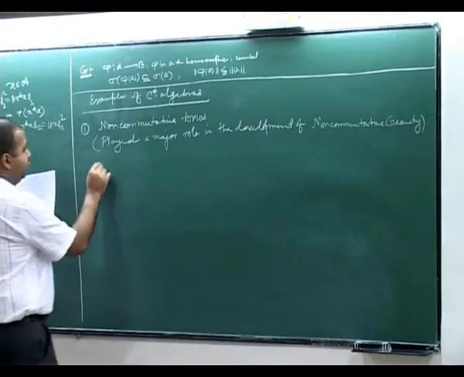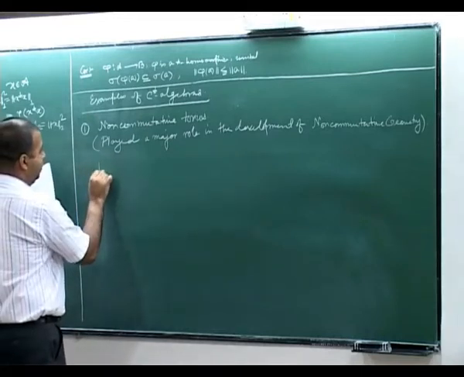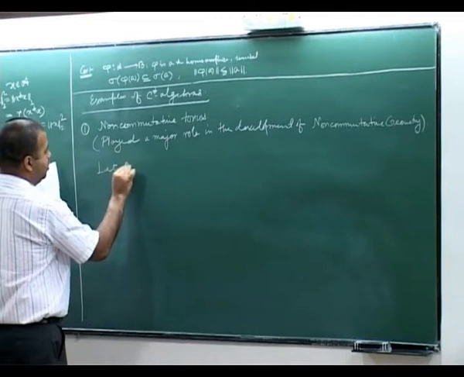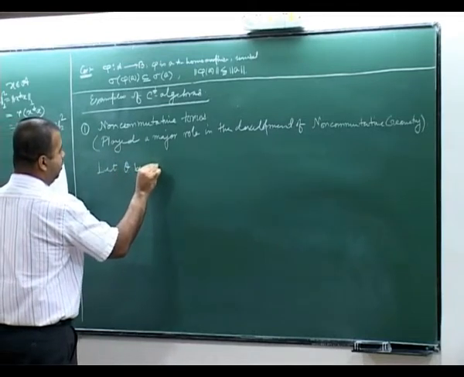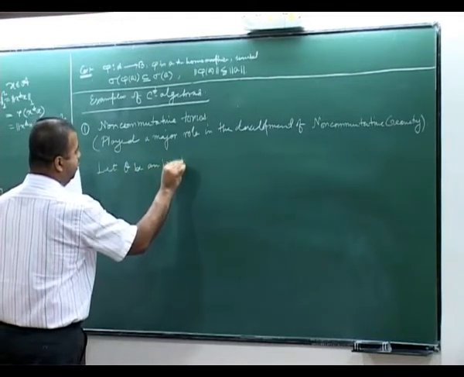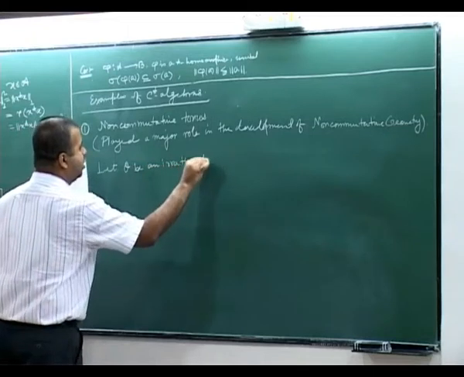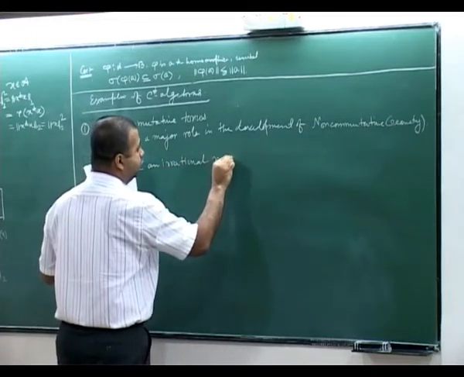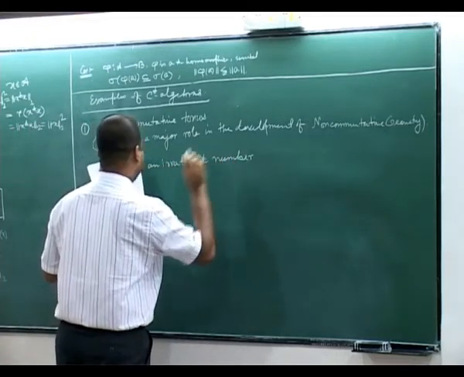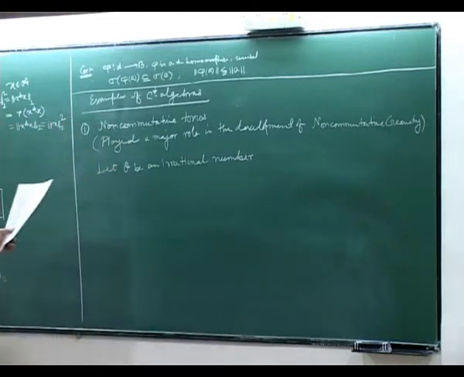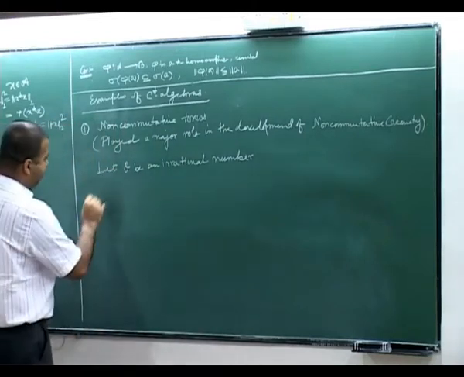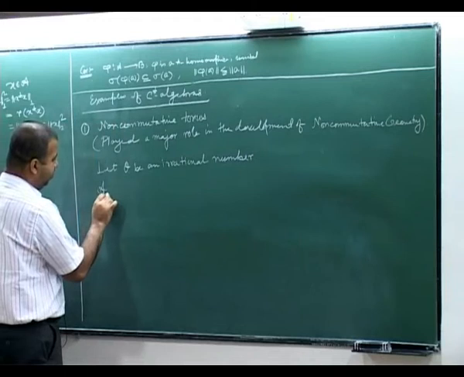So let us fix an irrational number theta. And now I define the C-star algebra. Of course, one has to prove its existence.